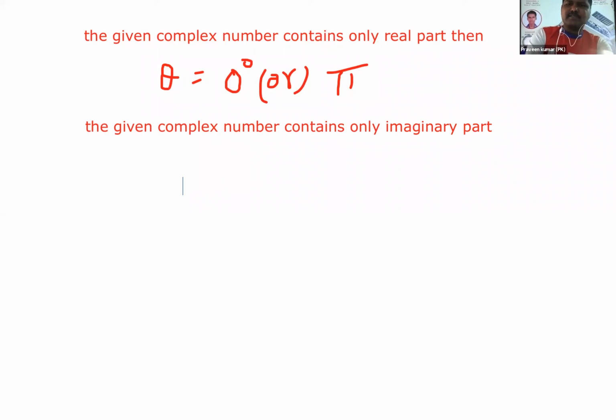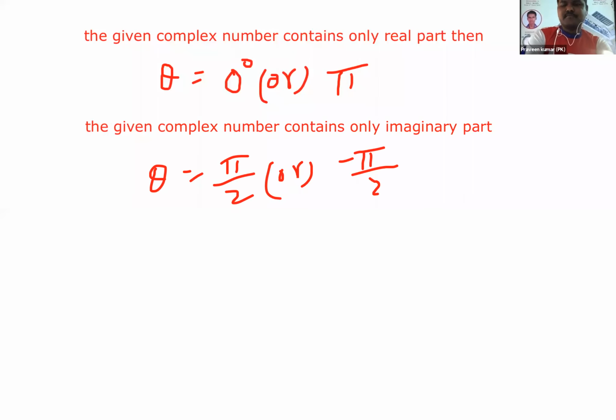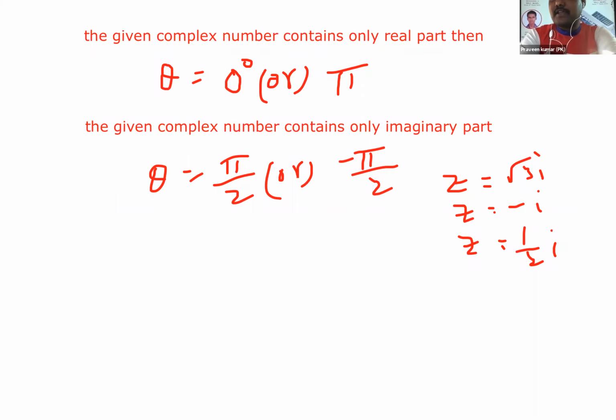Then theta is pi by 2 or minus pi by 2. For example, root 3i, minus i, 1 by 2i, like that. Here theta means 3, 5, minus 2, like that, only numbers. Only numbers given means angle theta is 0 or pi. Only imaginary part given means theta is pi by 2 or minus pi by 2.